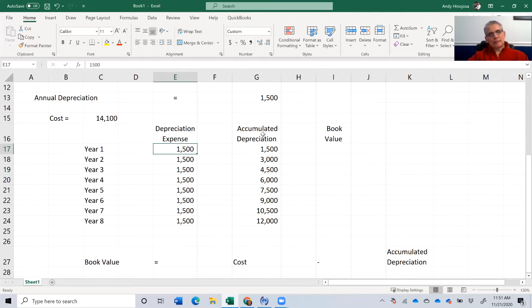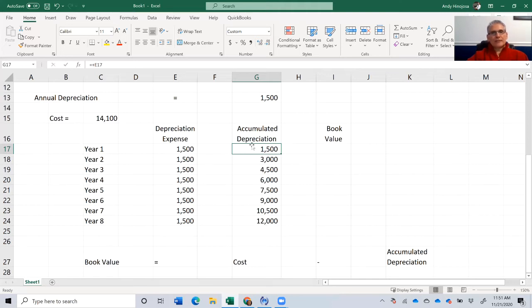Now the accumulated depreciation is taking the accumulated amount that has been depreciated. After year 1, we've only had 1 year, so that's $1,500. After year 2, $1,500 plus the $1,500 that has already been done is $3,000. And every year the accumulated depreciation increases by $1,500, so that by year 8, our total accumulated depreciation is $12,000.